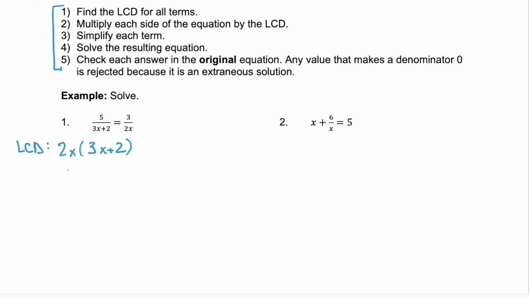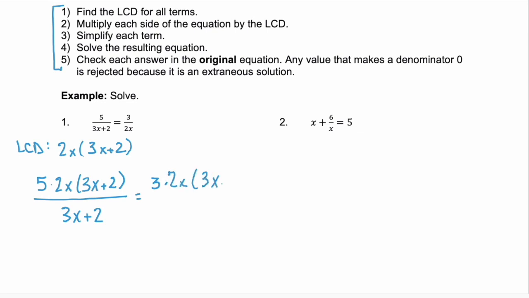Now we're going to multiply each term in our equation by the LCD. That first term becomes 5 times 2x times 3x plus 2 over 3x plus 2 equals the second term, 3 times 2x times 3x plus 2 over 2x.